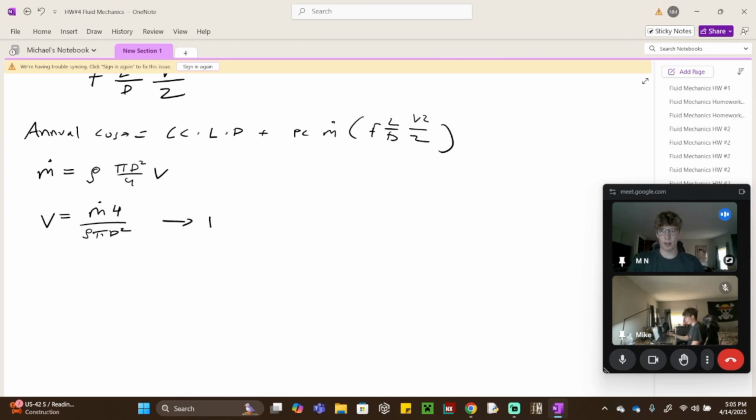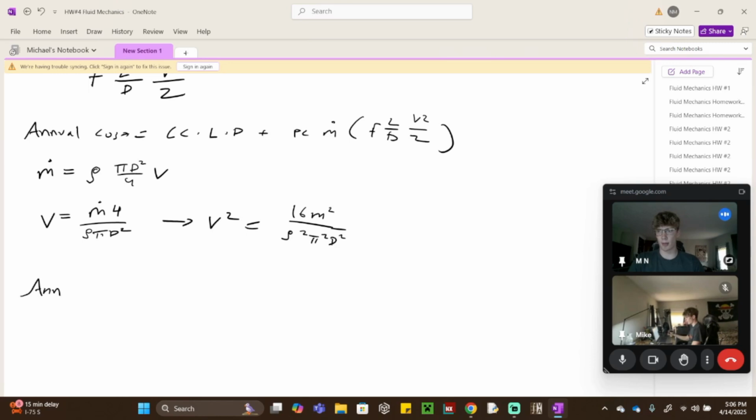And now squaring our velocity in order to substitute back into our annual cost equation, this will be equal to 16 m dot squared over rho squared pi squared d squared. And now we can substitute back into our annual cost.